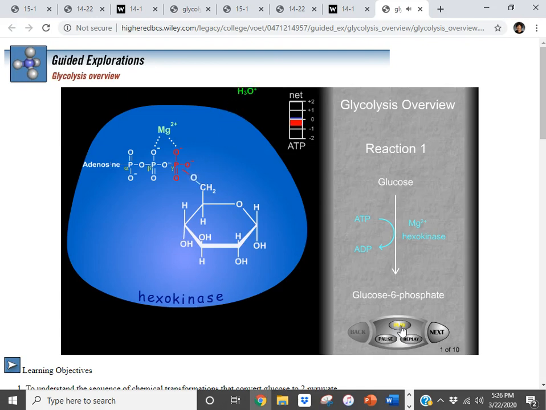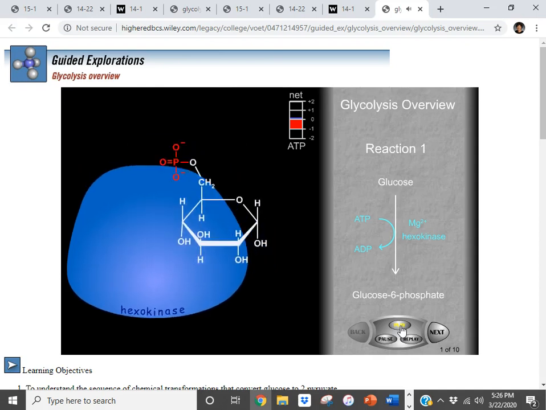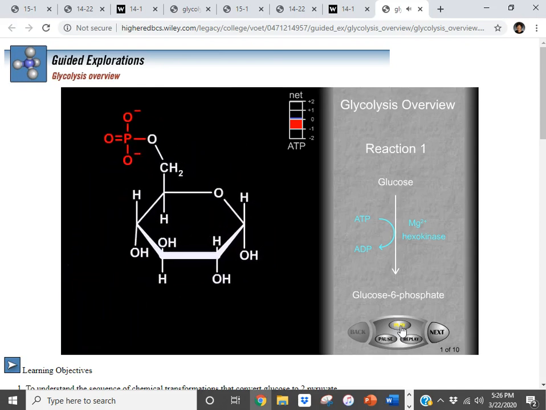The reaction occurs through the nucleophilic attack of glucose's 6-hydroxyl group on the gamma phosphorus atom, yielding glucose 6-phosphate and ADP. This is the first of 2 reactions in which the free energy of ATP hydrolysis is invested in the pathway.